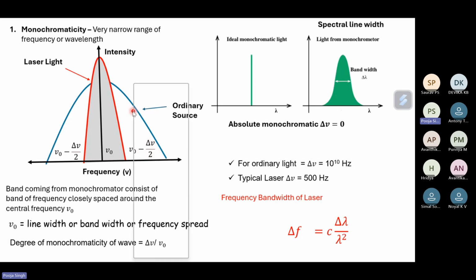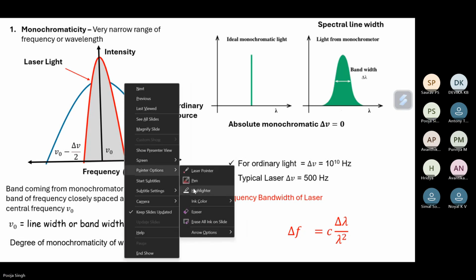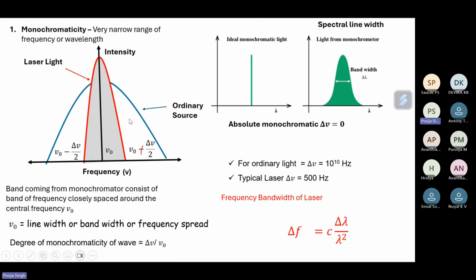Here this will be plus and this will be minus. So this is representing the maximum frequency of the range of your monochromator. And when you go to the left side of the central frequency, you will have nu naught minus delta nu by 2.